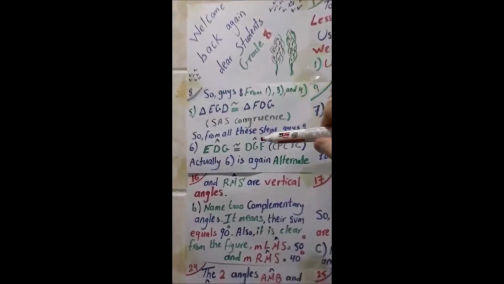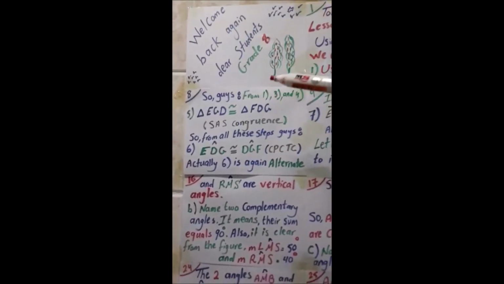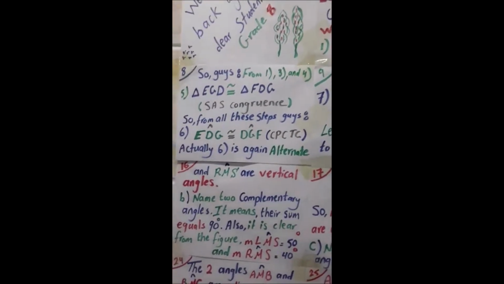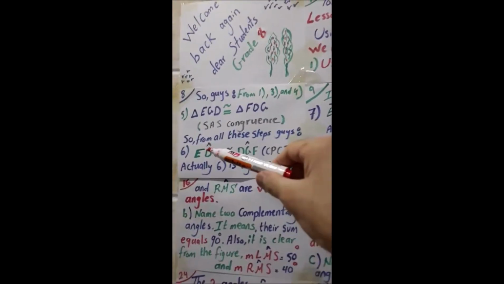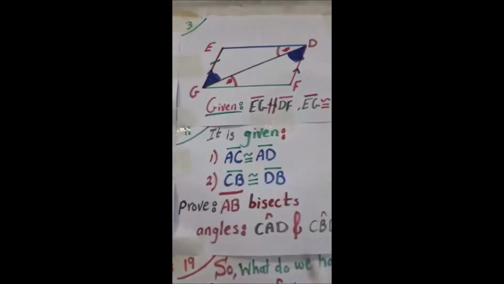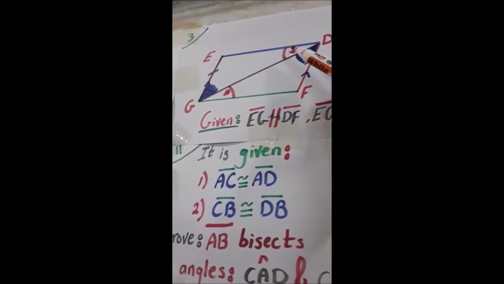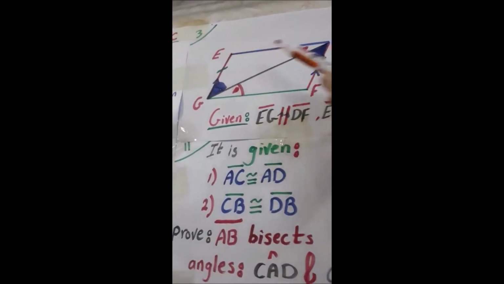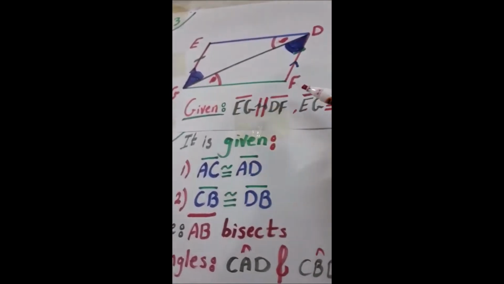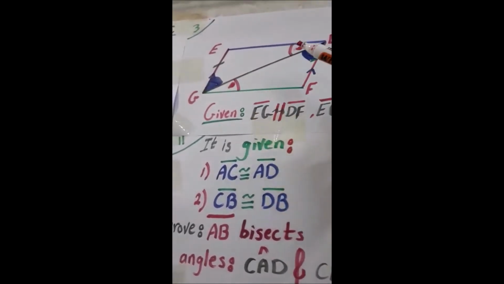That means if we prove that these two triangles are congruent, then everything in one triangle is congruent to the corresponding part of the other triangle. So these two angles are congruent. The first angle is EDG, and the second one is FGD.